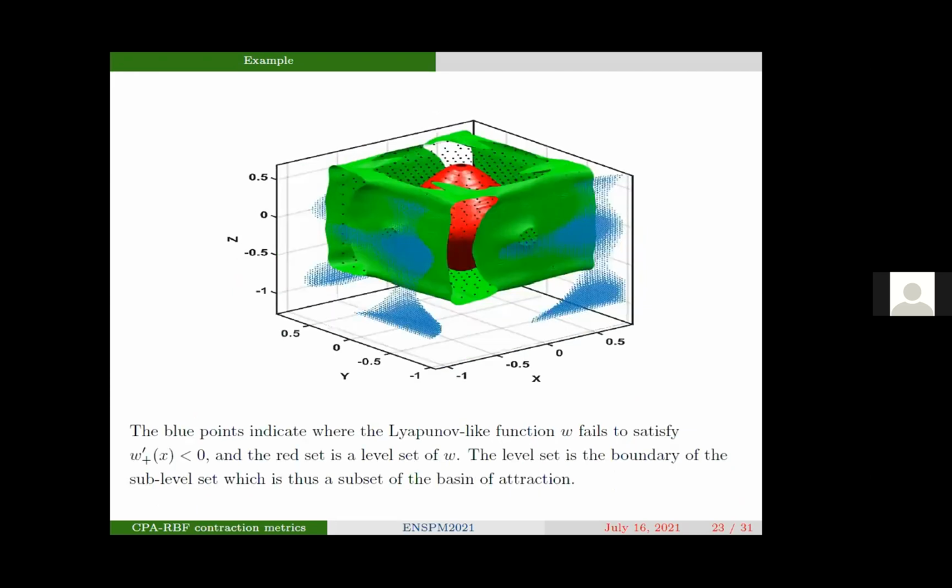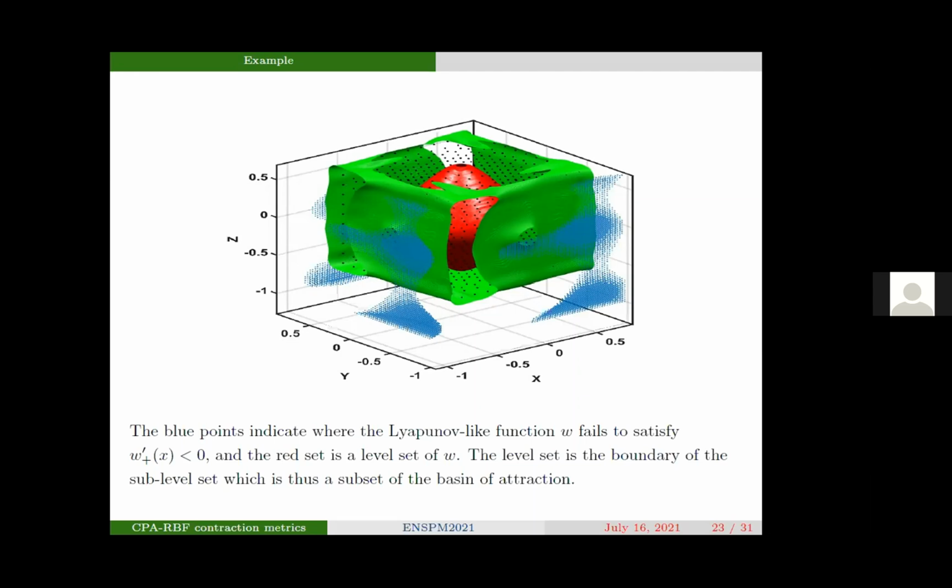Now, in order to have a comparison with another method, we make a Lyapunov-like function, and we try to find a level set of the system by trying to approximate the basin of attraction.